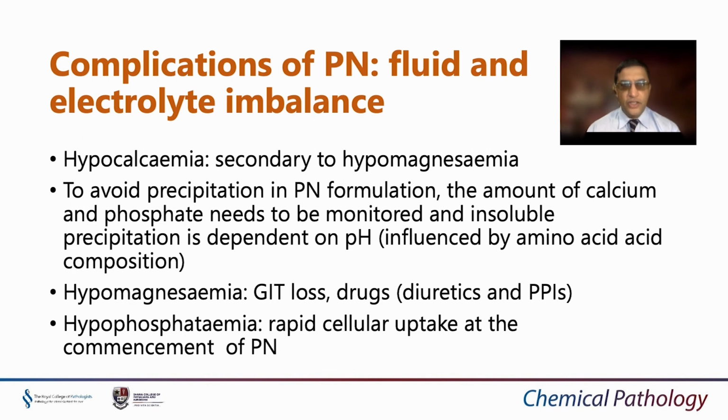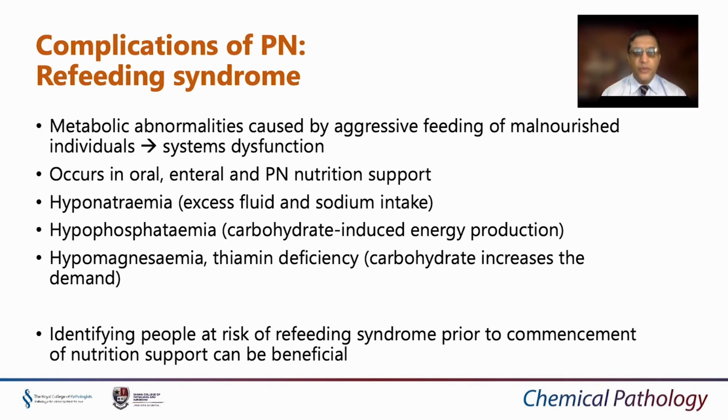We'll talk now to the refeeding syndrome, which builds on the last point. The refeeding syndrome consists of over-aggressive feeding of nutrition support, and it results in various metabolic abnormalities, which can result in systemic dysfunction.